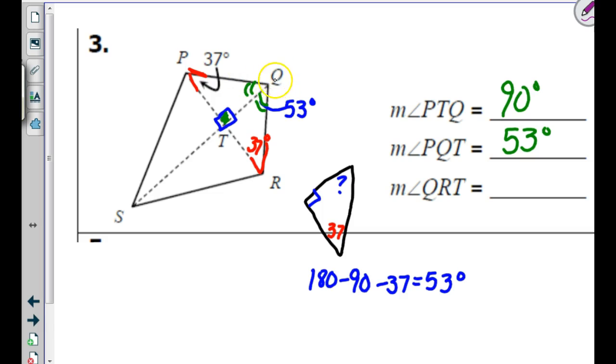Oh, maybe not. QRT. Oh, QRT is this one, purple one in here, and we found that to be 37 degrees. Okay. If they had asked us, guys, this whole thing at PQR would have been 53 plus 53 or 106. I thought they were going to ask us that one.